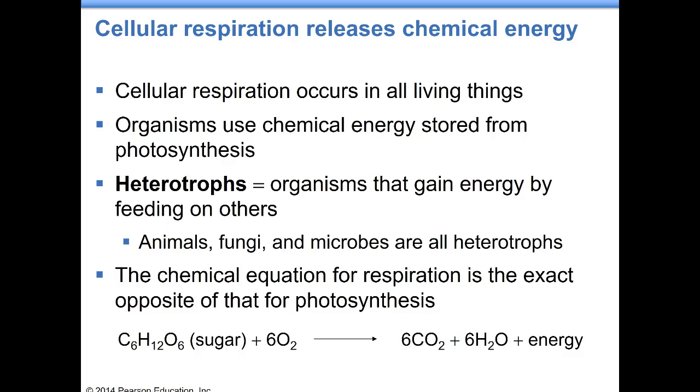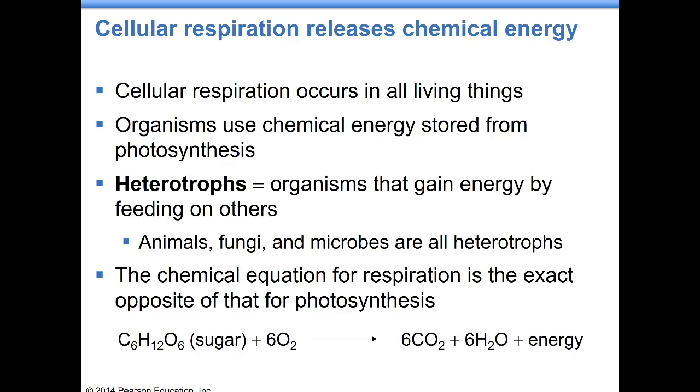Okay, so photosynthesis goes hand in hand with cellular respiration. Cellular respiration is organisms using the glucose that is produced by the plants in order to produce the chemical energy that they need for cellular activities. And both plants and animals go through cellular respiration. It occurs in all living things.